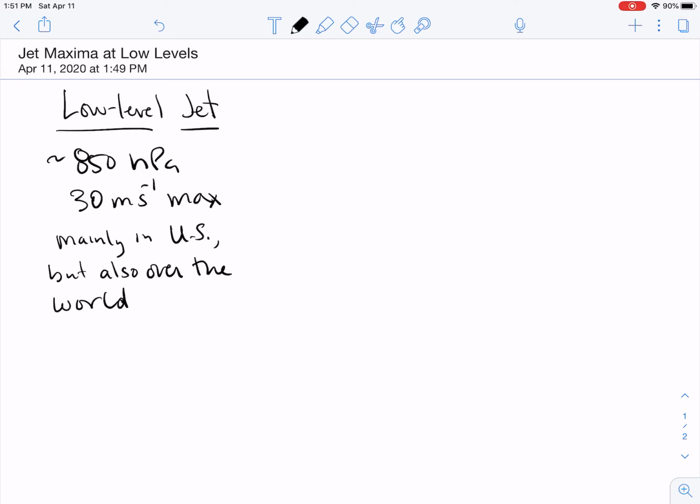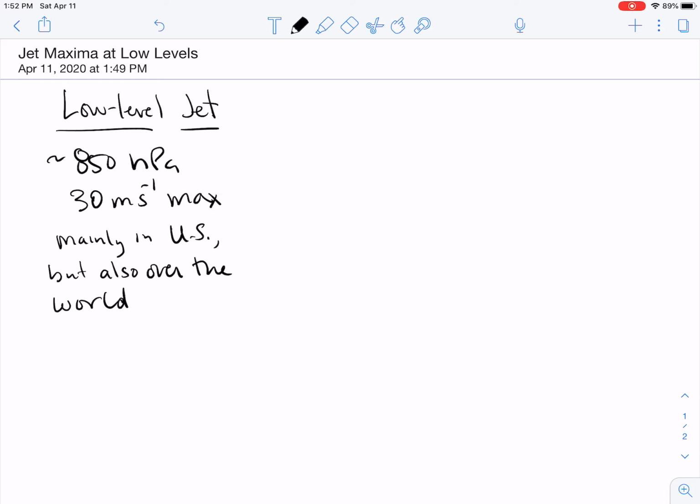Our low-level jet here is the idea of a strengthened 850 millibar jet that has some topographic influences and generally transports large amounts of moisture northward, especially during convective weather seasons in the central Great Plains, that can fuel overnight MCS storms or feed into severe weather outbreaks. That's the concept of the low-level jet.